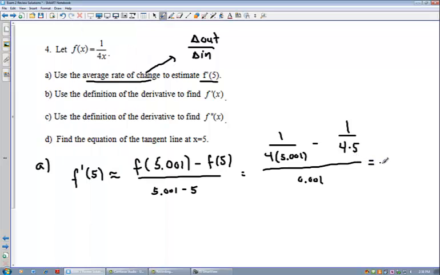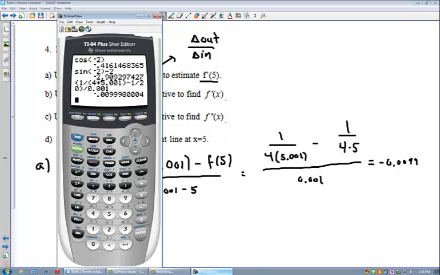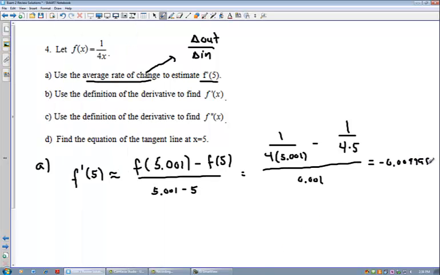So let's just write this down. This is going to be negative 0.0099 and so on. And so I would guess that about negative 0.01 would be my answer, because that's what it looks like it's close to.